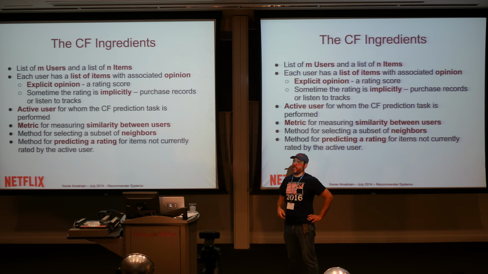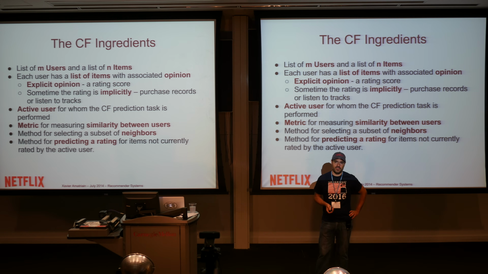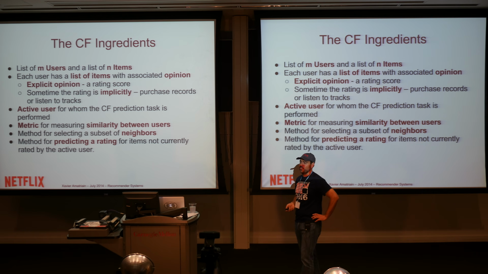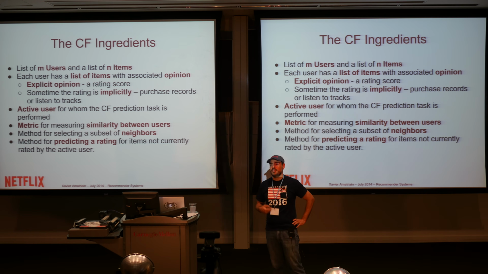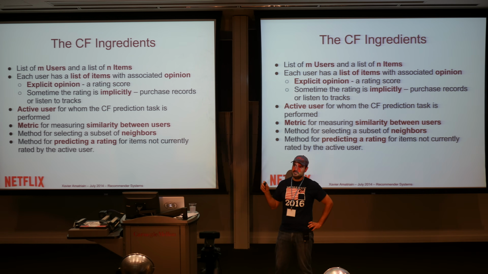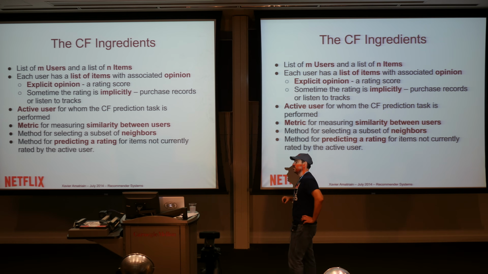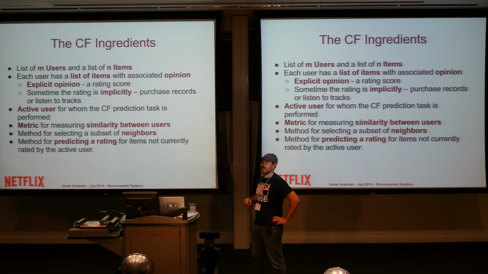Sometimes the rating information that we have is implicit, and I would say not only sometimes, most of the time it's going to be implicit. And that implicit information is actually much more readily available and easy to get. And I will talk about it at the end of the course when I talk about Netflix as an example of recommendations.